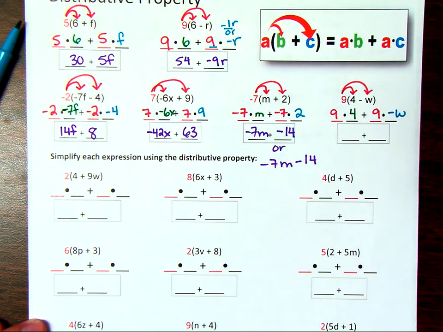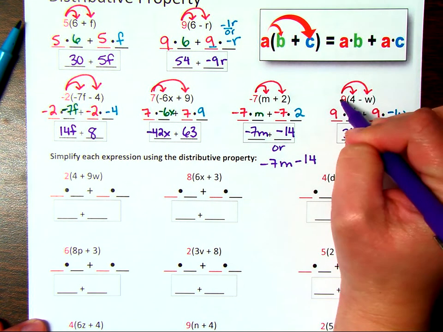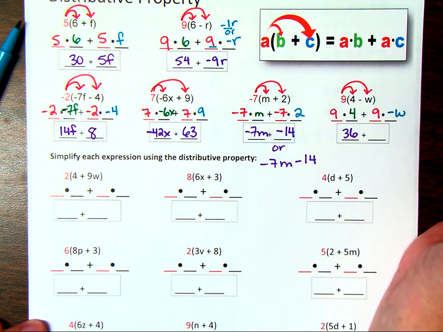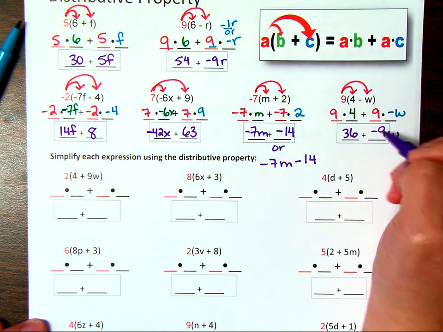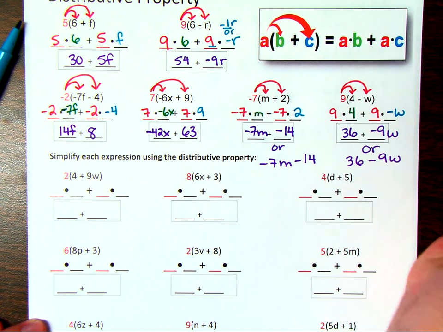So 9 groups of 4, or 9 times 4, is 36. And 9 groups of a negative w, if you were to see negative w 9 times, you see negative 9 w's. Again, we could write it this way, or 36 minus 9w.